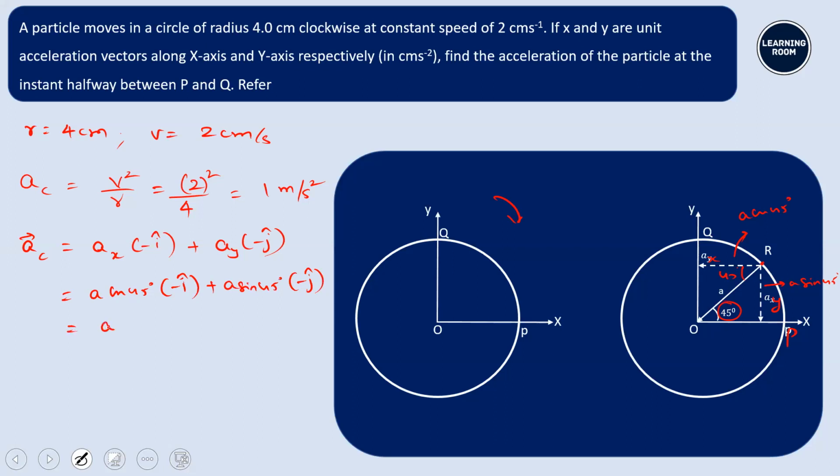So it is going to be A divided by root 2 of minus i cap plus A divided by root 2 of minus j cap. But the value of A we have already found, it is 1. So 1 by root 2 of minus i cap plus 1 by root 2 of minus j cap. And this is going to be the required acceleration for this question.